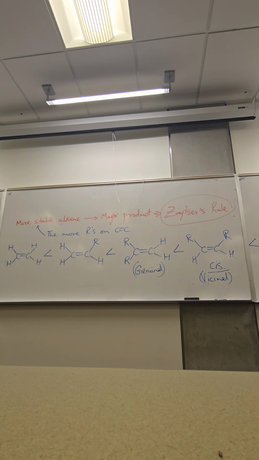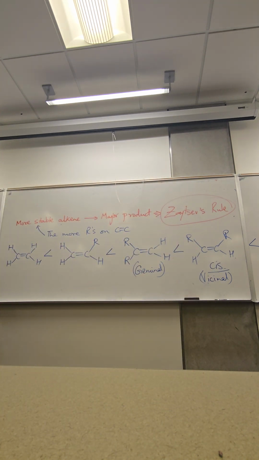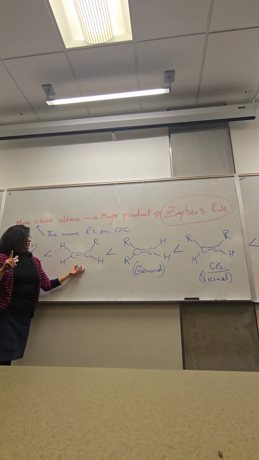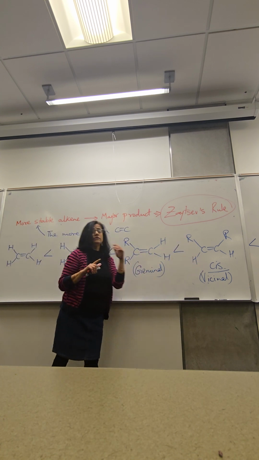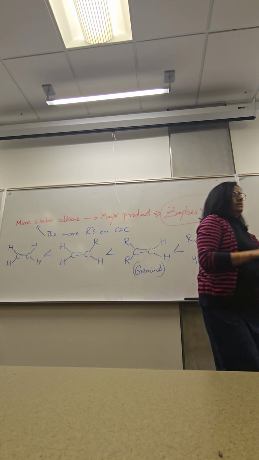And the most stable alkene is a tetra-substituted alkene, the most stable of all. So, unsubstituted, least stable. Mono-substituted, 1R, next. Then there are 3 di-substituted alkenes, then tri, then tetra-substituted.